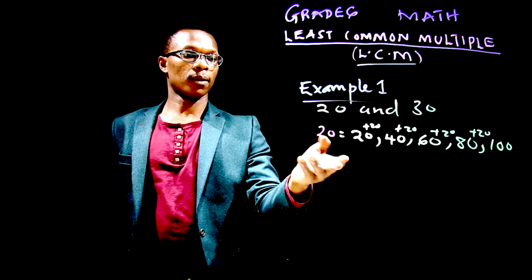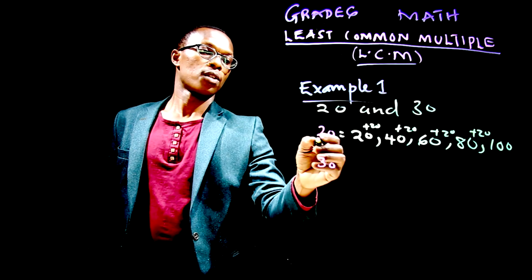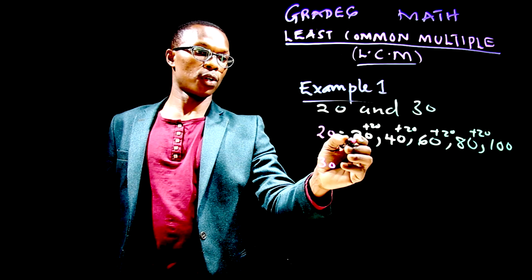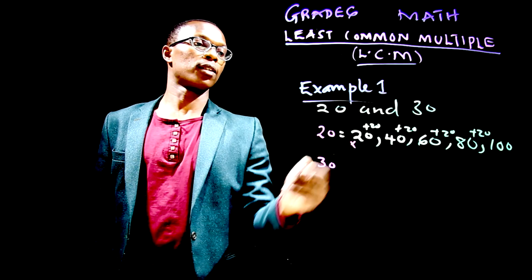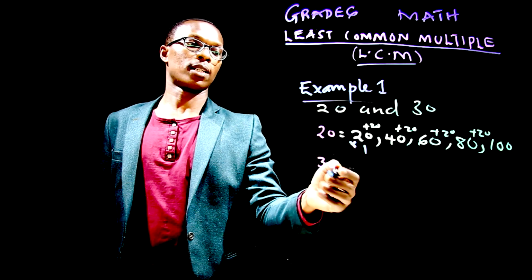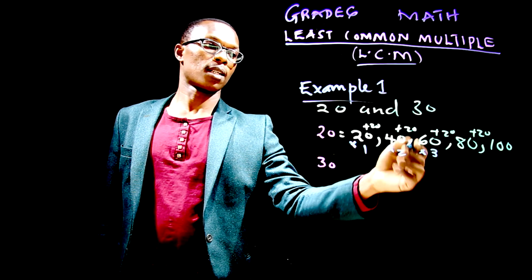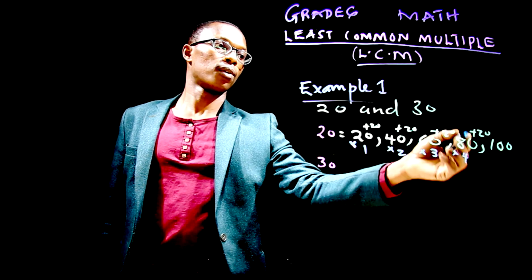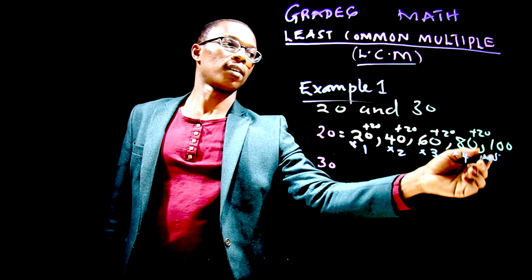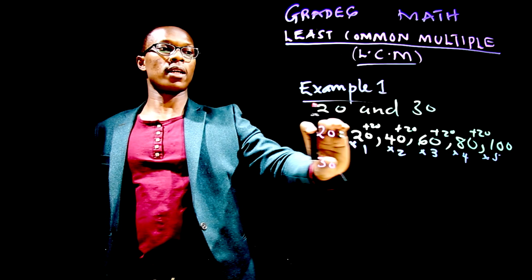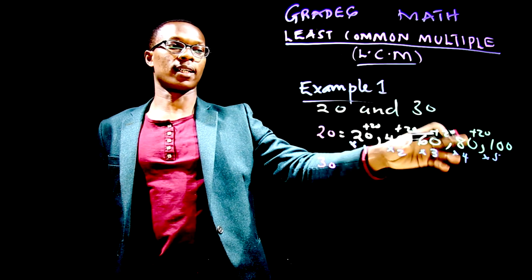You can either add the number or multiply it. Multiplying: 20 times 1 is 20, 20 times 2 is 40, 20 times 3 is 60, 20 times 4 is 80, 20 times 5 is 100. These are the ways you can use to find the LCM.